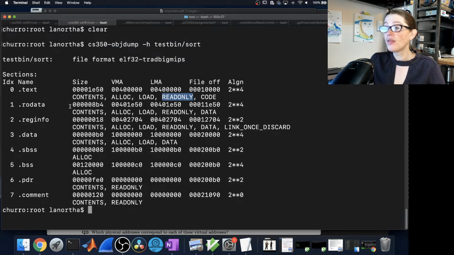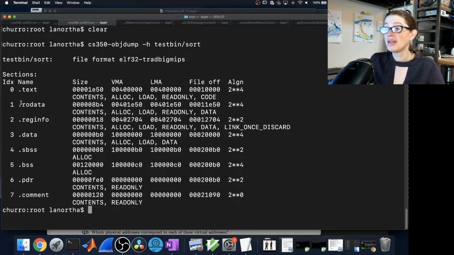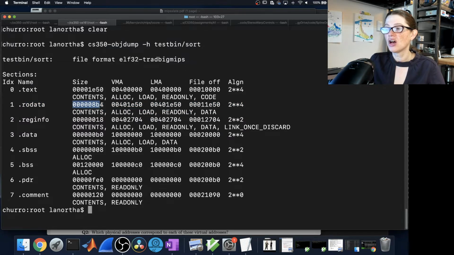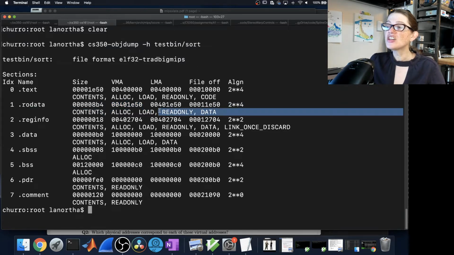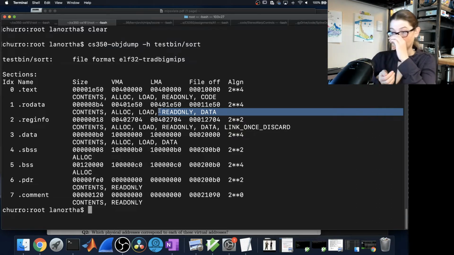Immediately below that, there are 2 other read-only segments. The next read-only segment is the read-only data. That's actually the constants, and again we have the size and the location in the file. That's going to be combined with the code segment in OS 161, so we're going to put those 2 together.